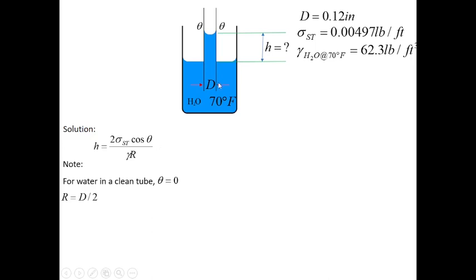And the radius is half of the diameter. So we have now the surface tension, 0.00497 pound per foot, cosine of 0, all over 62.3 pounds per cubic foot, the specific weight of the substance, which is water. For the radius, we just divide the diameter by 2, so 0.12 over 2.